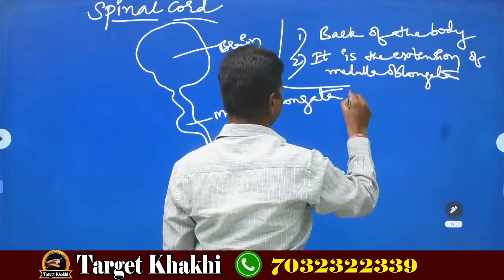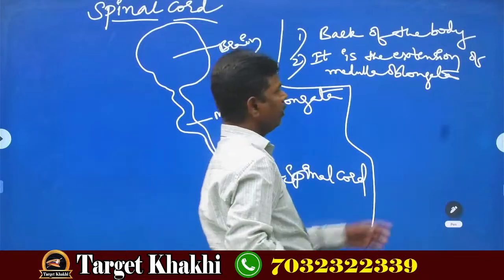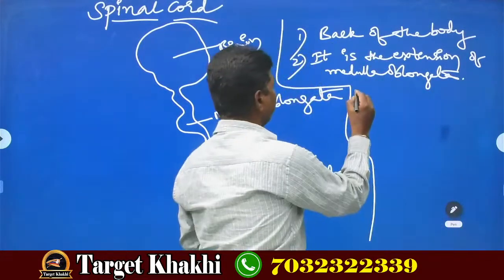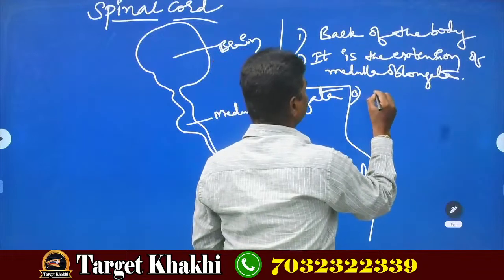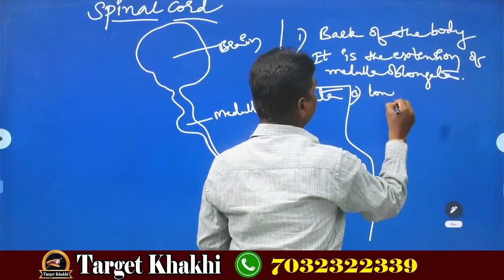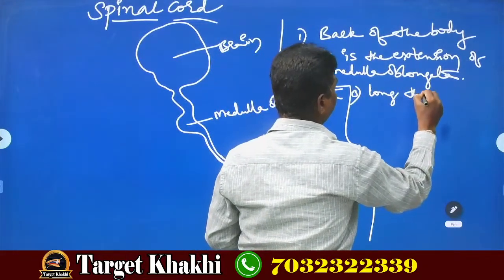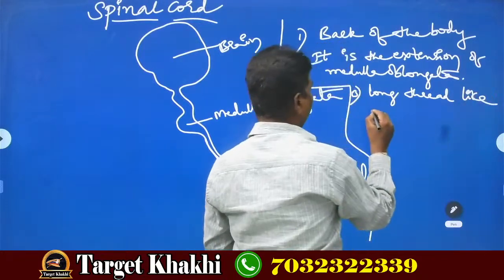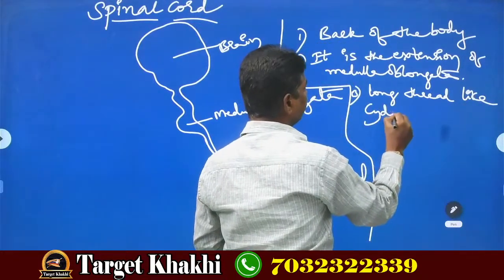Understood? It is the extension of the medulla oblongata. Number three, it is a long thread-like structure, a long thread-like cylindrical shape.